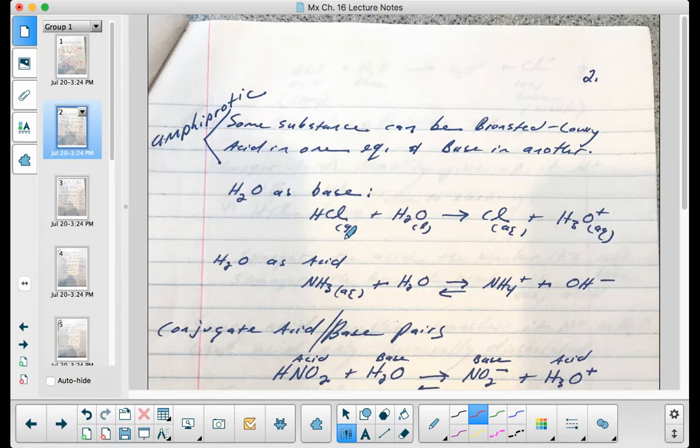Okay, so we also talk about amphiprotic substances, and these are substances that can be a Bronsted-Lowry acid and base. It can have behavior of both. So, for example, water is an amphiprotic substance.